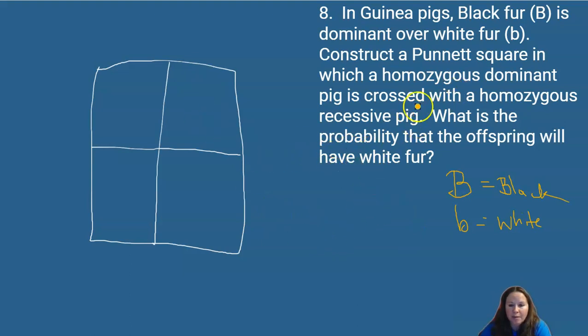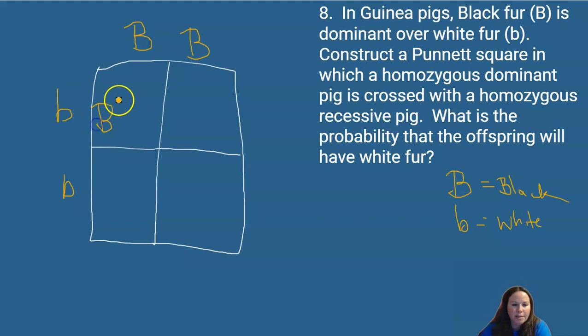All right, homozygous dominant. What letters would that be? You said big B, you are correct. Homozygous recessive, what letters? You said little b, you were correct.